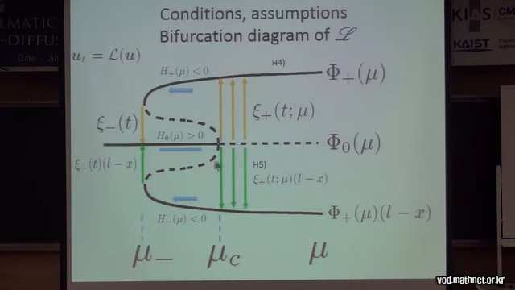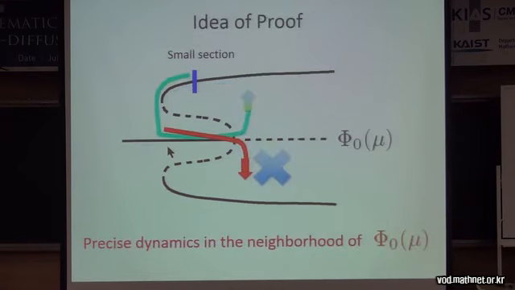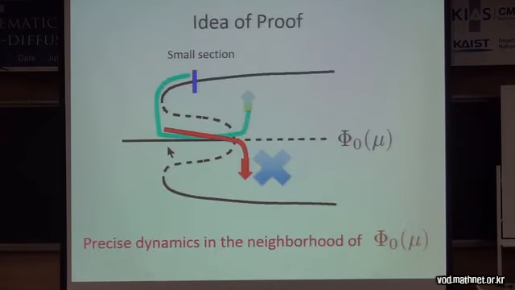Similarly, there is a connecting orbit around here. If we can check or assume the existence of such connecting orbits, then we can prove the following. This is our final result.